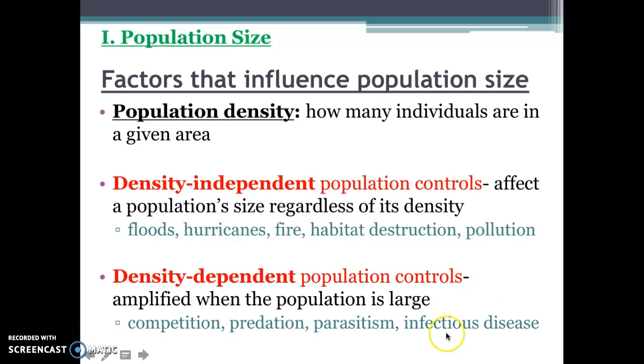If that infectious disease broke out, it wouldn't spread as quickly as it would if it was really densely populated. Think like zombie apocalypse. Where is the most damage going to happen? Probably in the major cities where all of the humans are densely packed together, as opposed to out in the countryside, where infectious disease doesn't spread as quickly.